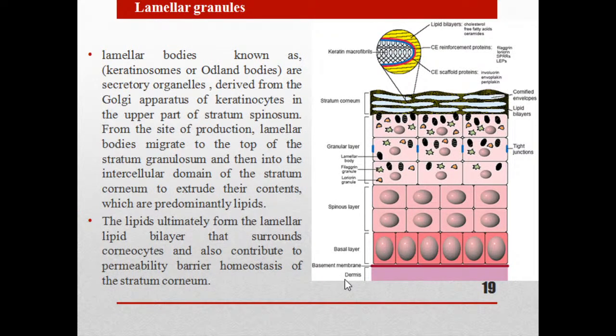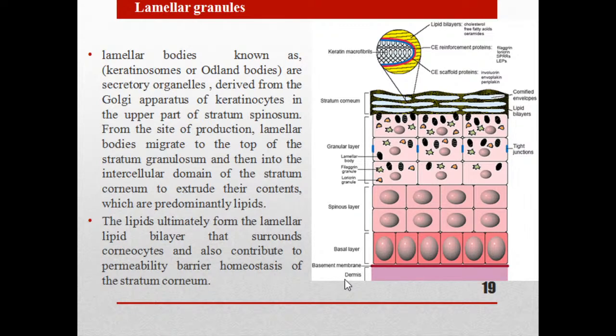Lamellar bodies, known as keratinosomes or Odland bodies, are secretory granules derived from the Golgi apparatus of keratinocytes in the upper part of stratum spinosum.